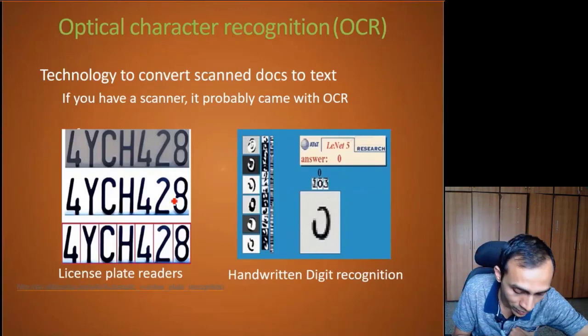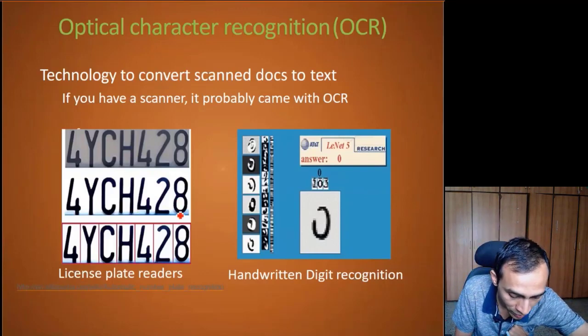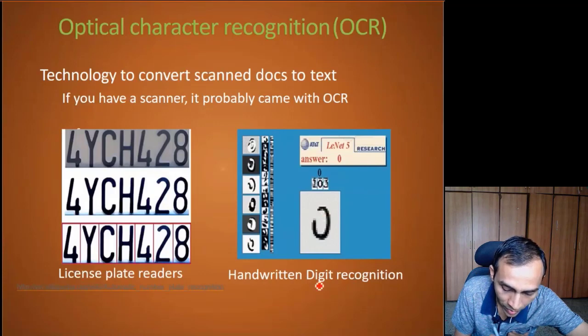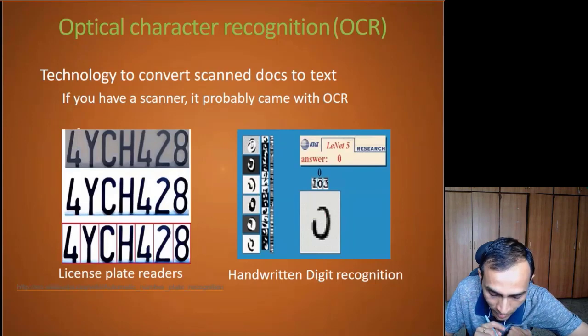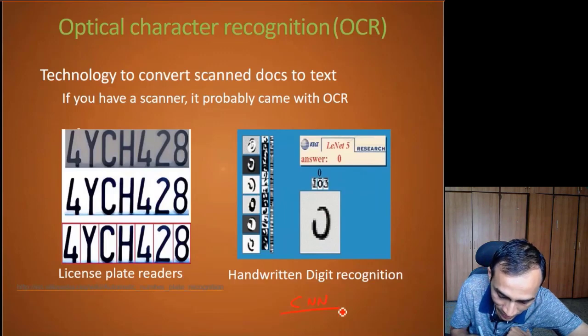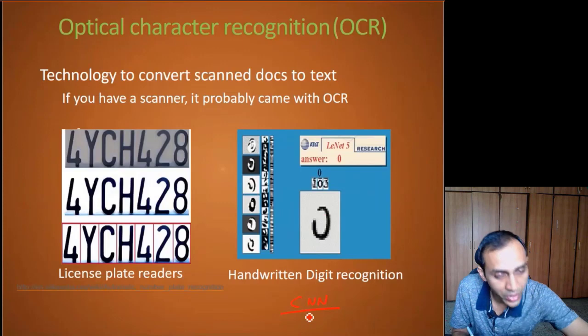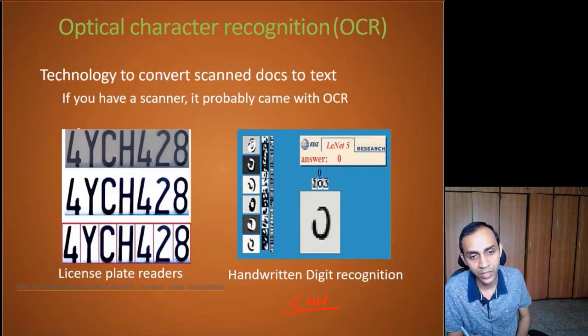Initially OCR was done mostly for typed, digital text, and that accuracy was achieved earlier. But later on, even handwritten digits could be recognized as early as the 1970s. In fact, the first CNN model, this convolutional neural network, has basically revolutionized machine learning and computer vision.